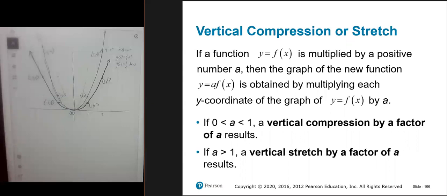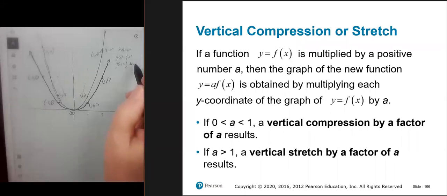So that's just a straight multiply. If a is a positive fraction less than 1, then you have a vertical compression. If a is a number greater than 1, then you have a vertical stretch.